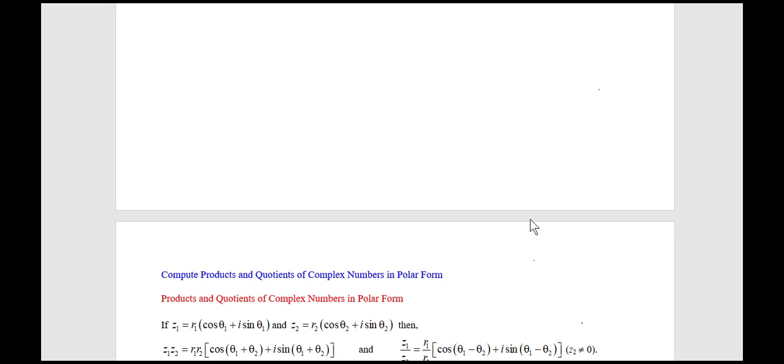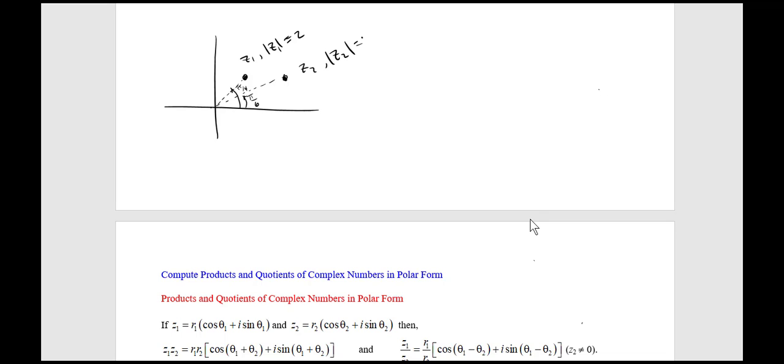It means if we've got two complex numbers, let's say one has an angle of pi sixths and another has an angle of pi fourths in polar form. Let's say this is z1 and this is z2, and the modulus of z1, the distance from the origin, is 2, and for this one it is 4.